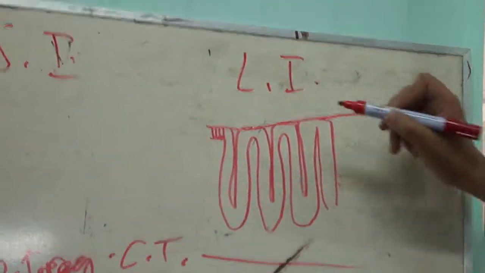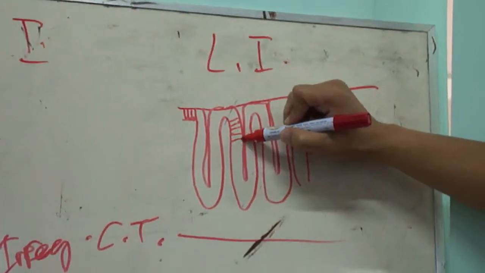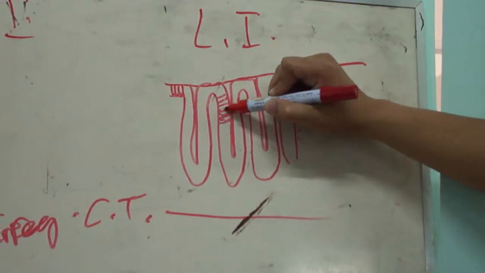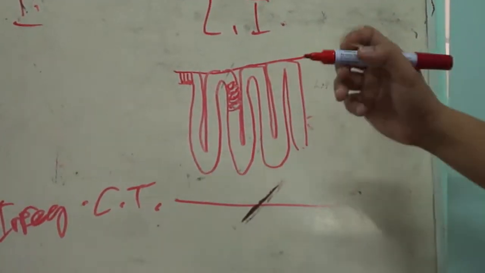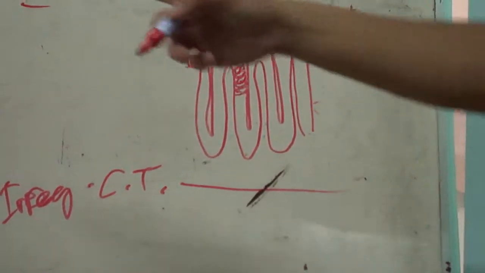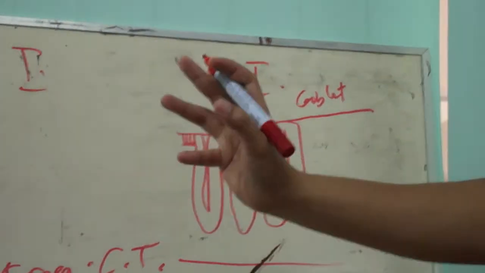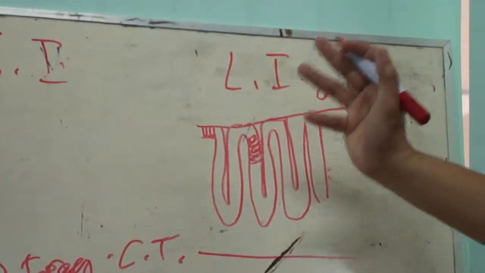Okay, the glands will be lined with simple columnar epithelium. And then, there are more goblet cells in the large intestine than in the small intestinal epithelium, because the small intestine absorbs more materials than the large intestine.